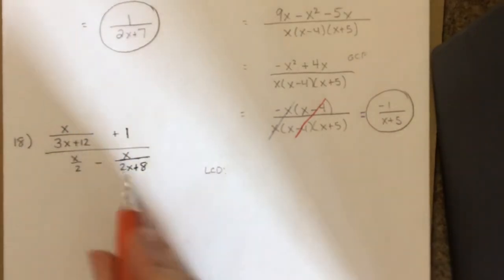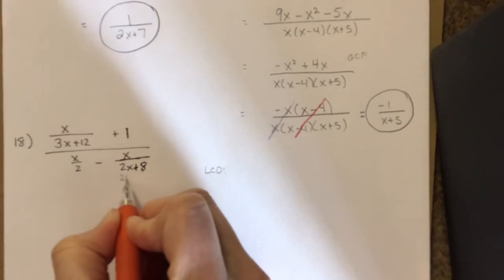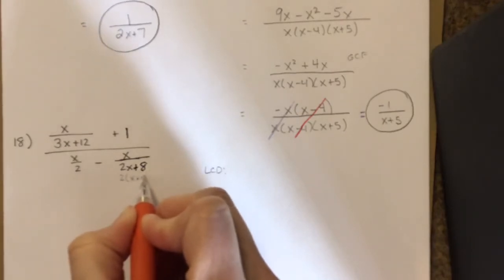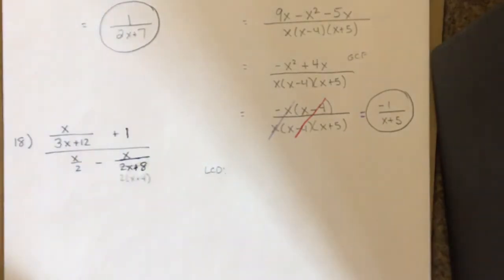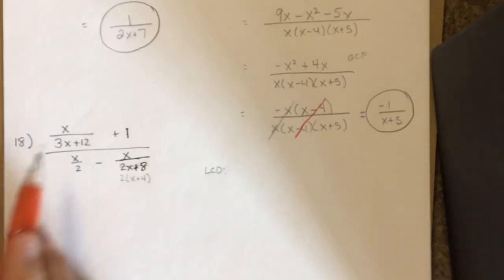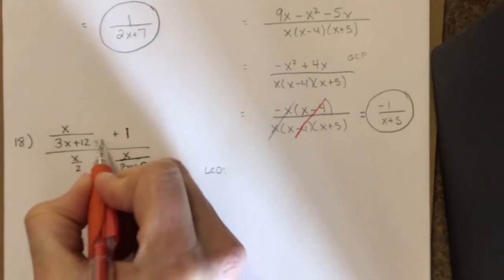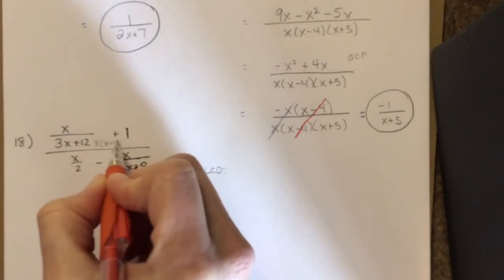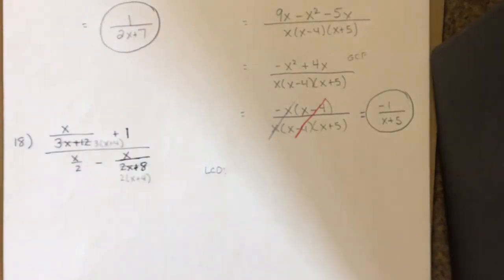So here, I'm going to take out a 2, and you get x plus 4. Now, what can we take out here? What do you think? Ismet? What do you think? What comes out of here? I know you know. I think I heard you say a 3. And you are right. 3 comes out.